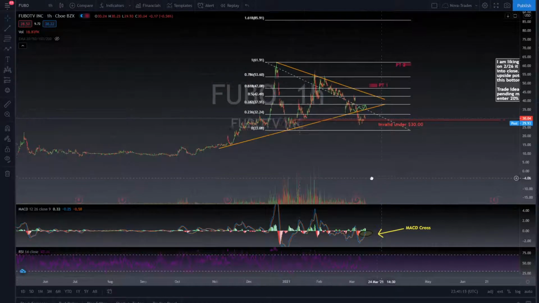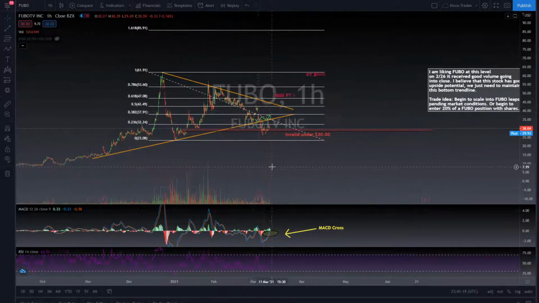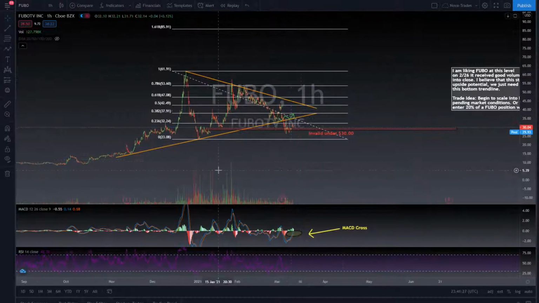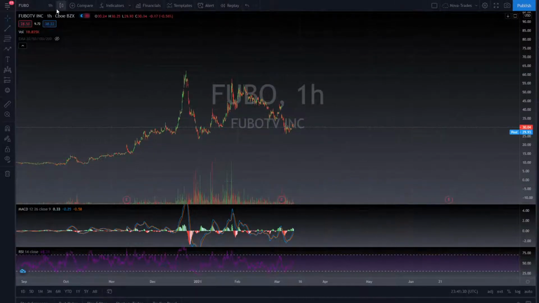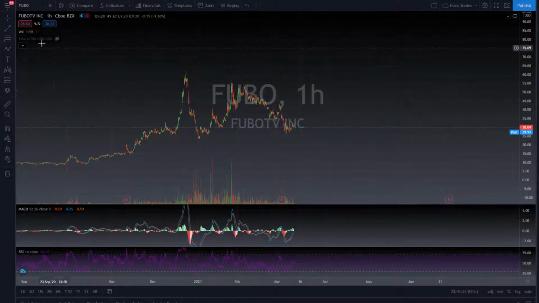Yeah, no, Fubo, I really liked Fubo. I think it fell under my invalidation level, so the confidence I have in these PTs that we set, eventually it might get there, but it really just needs to base off, and it looks like it has, but it still hasn't broken this downtrend pattern that it has.